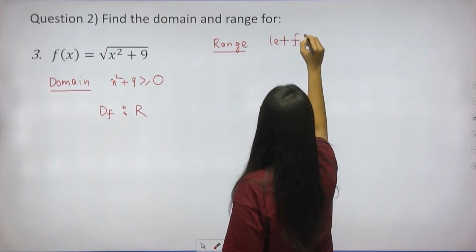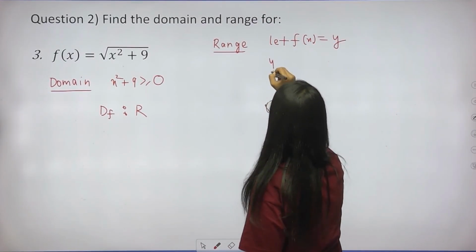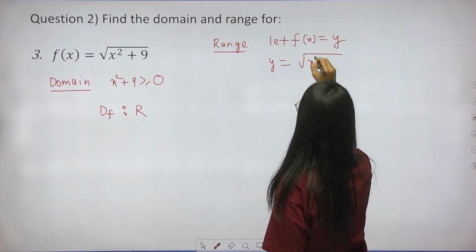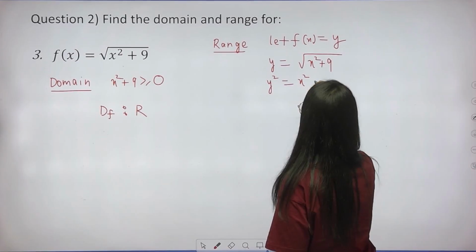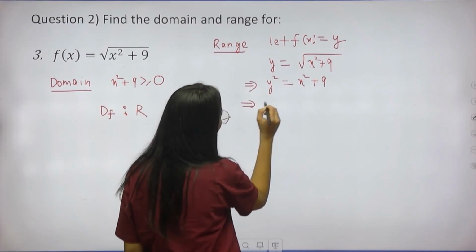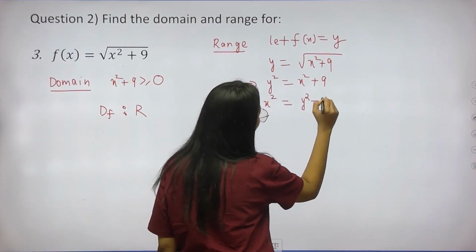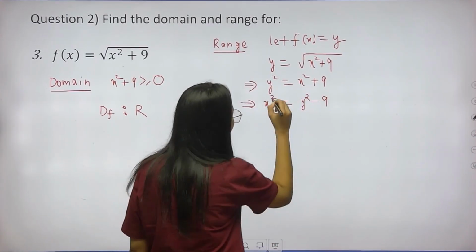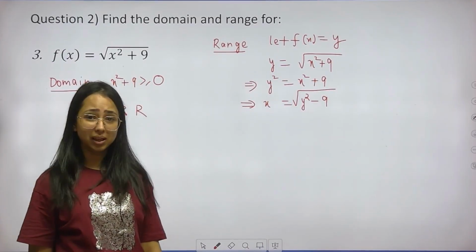Range is let f of x be equal to y. Okay, now y will be equal to under root of x square plus 9, and y square will be equal to x square plus 9. So we get that the value of x square is equal to y square minus 9, and the value of x is under root of y square minus 9.